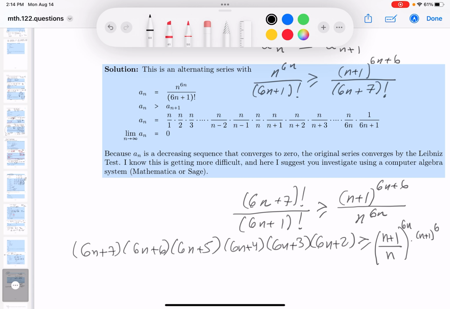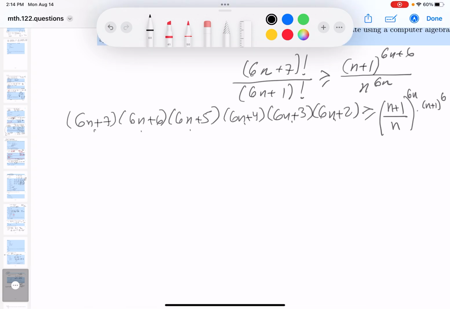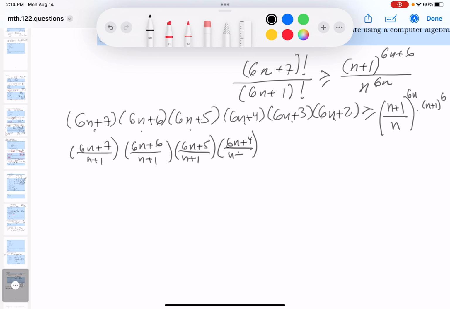Try to make some sense out of that. Let me see. 1, 2, 3, 4, 5, 6 factors. Let's write that down. And what do you get there? Well, it's going to be 6n plus 7 over n plus 1, 6n plus 6 over n plus 1, 6n plus 5 over n plus 1, 6n plus 4 over n plus 1, 6n plus 3 over n plus 1, and 6n plus 2 over n plus 1.